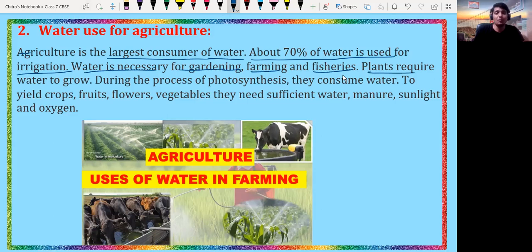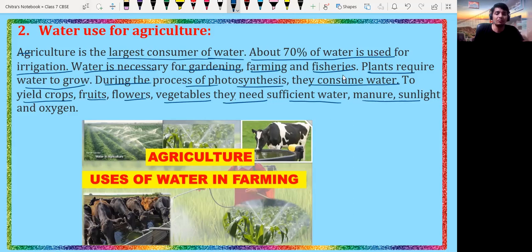Plants require water to grow, and any other organism requires water for its growth. During the process of photosynthesis, they consume water to yield crops, fruits, flowers, vegetables. They need sufficient water.